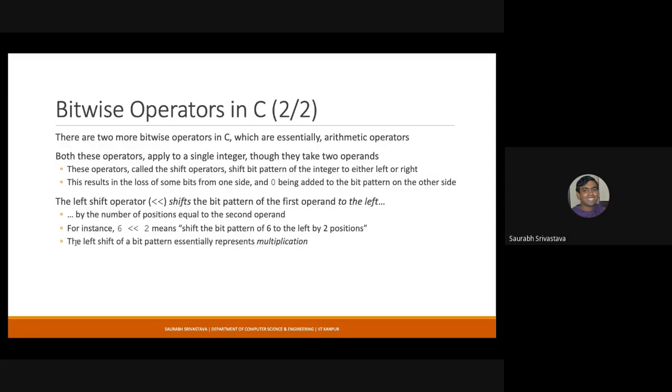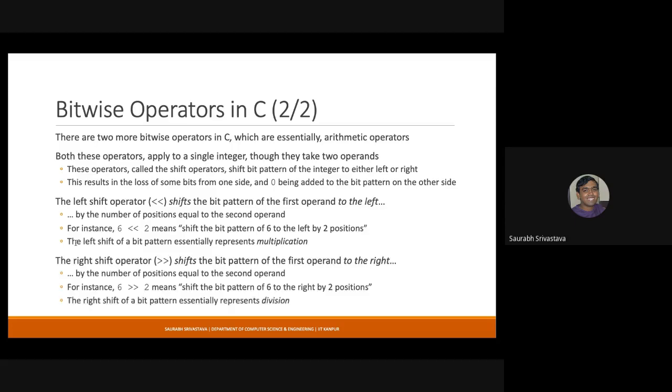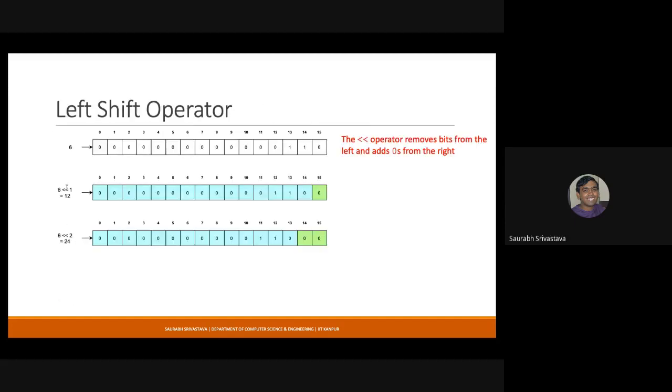So these are the shift operators. In shift operators, we shift bit patterns either to the left or to the right. Arithmetically, a shift to the left essentially means multiplication by 2, and a shift to the right means division by 2. If you do one left shift for 6, it becomes 12.